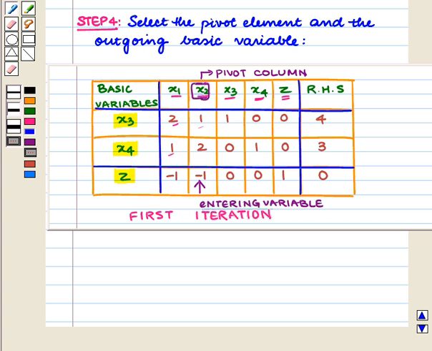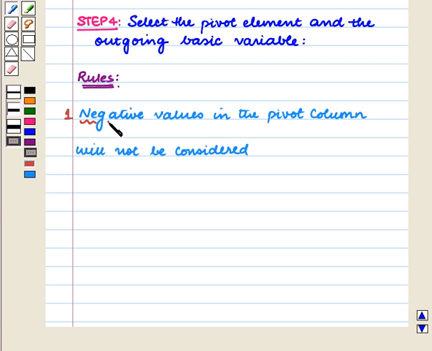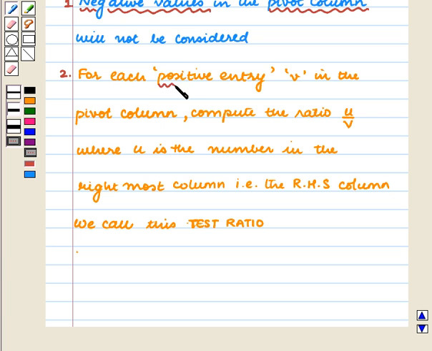To select the pivot element, we follow the following rules to decide which of the entries in the pivot column will be the pivot element. Negative values in the pivot column will not be considered. For each positive entry V in the pivot column, compute the ratio U by V, where U is the number in the rightmost column, that is the RHS column. We call this test ratio.